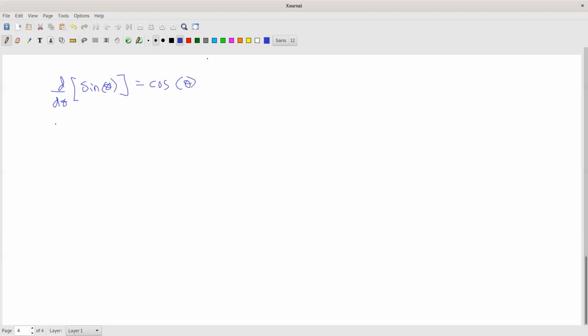We now have the derivative of the cosine is the negative sine. We also have the derivative of the tangent is the secant squared.